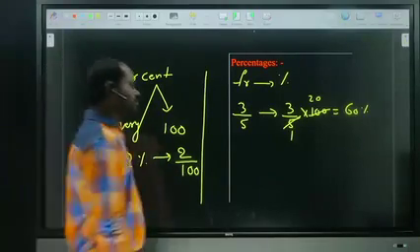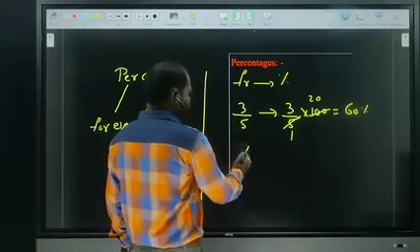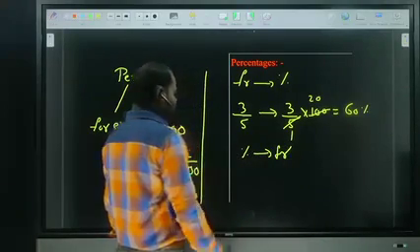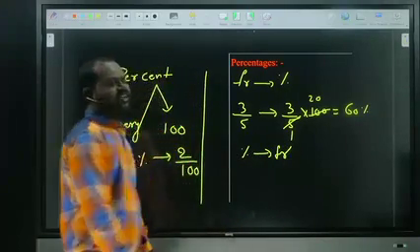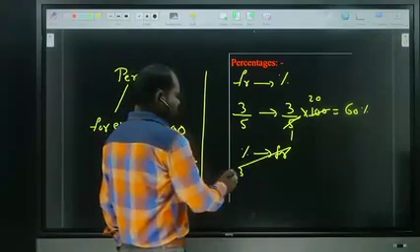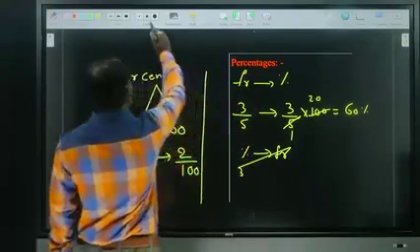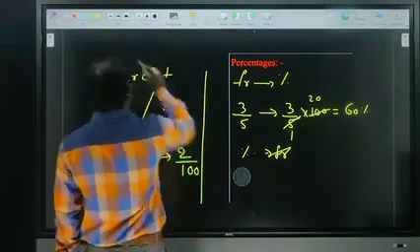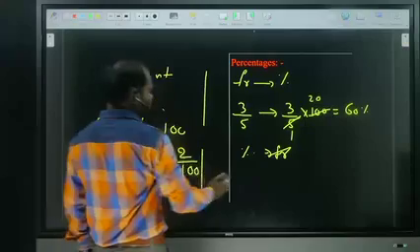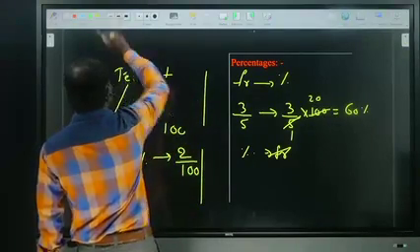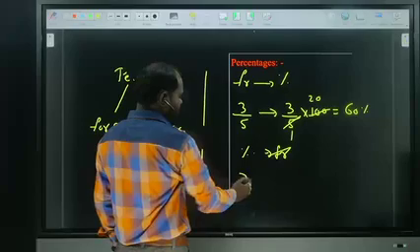And one more is the reverse, percentage to fraction. For example, 30 percentage.